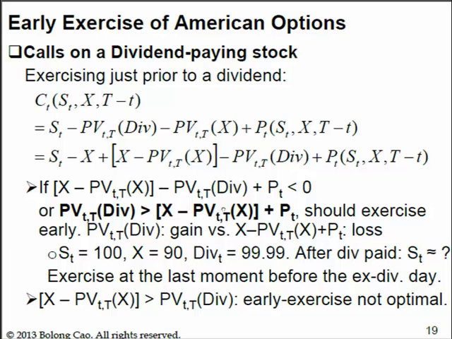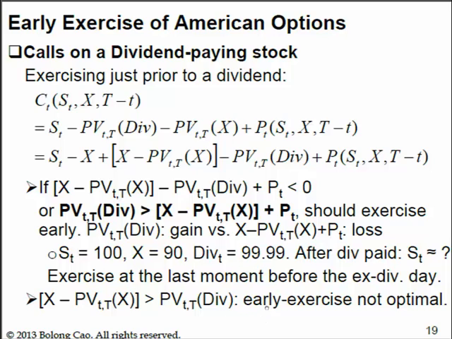You paid $90, but then you got the $99.99 paid on the underlying. Get that $9.99 and whatever is left in the stock. So that's a scenario. You have a tremendous amount of dividend paid on the underlying. It can be optimal to early exercise your American call option.